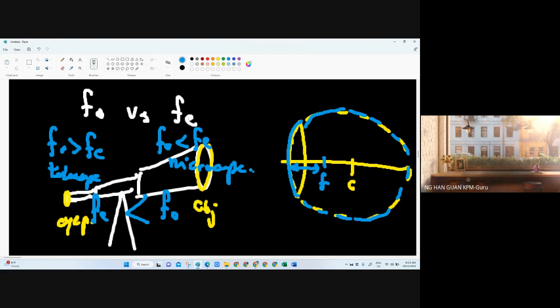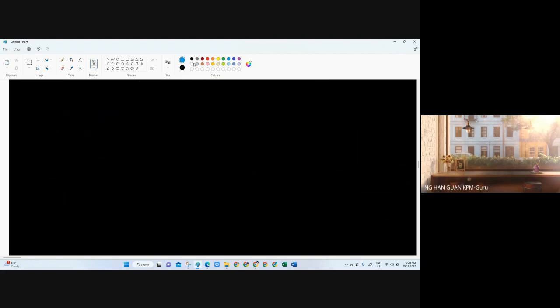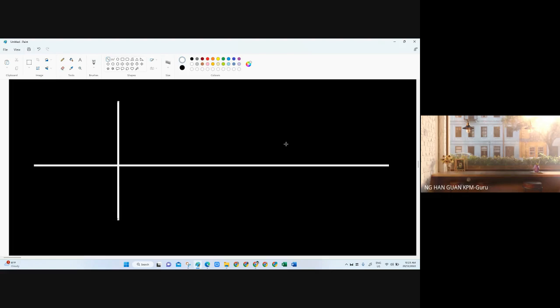Once we settle these two important concepts, the next thing we focus on is the drawing, how the image is formed. First we need two lenses.